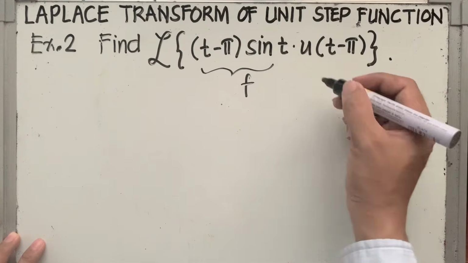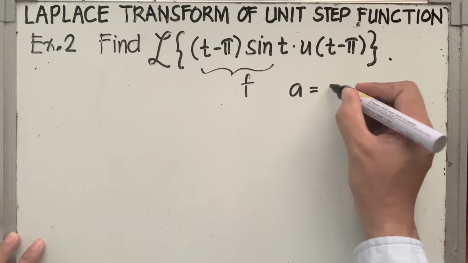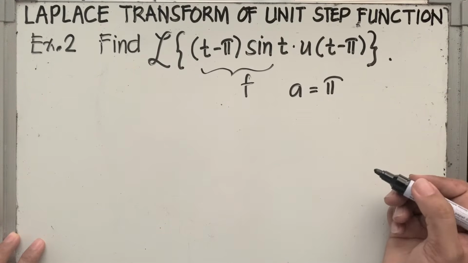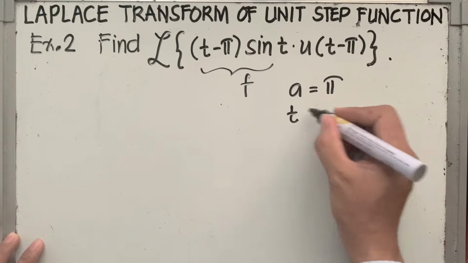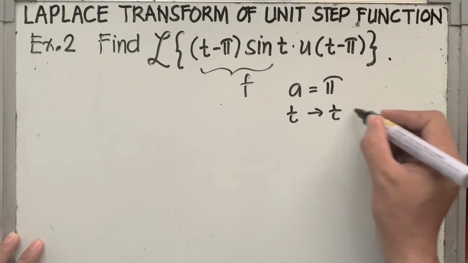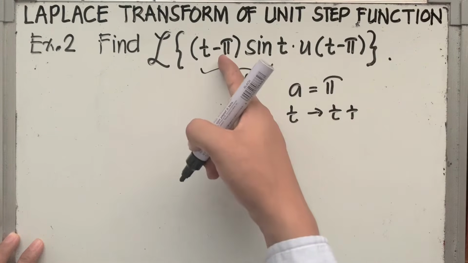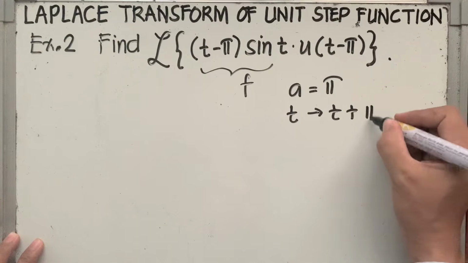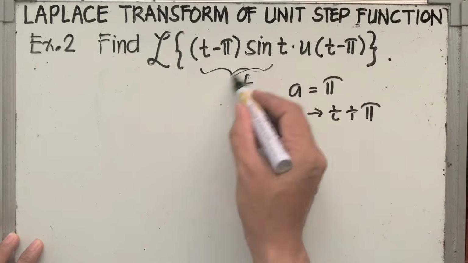And we can identify kung ano yung value ni a, which is pi. Tingnan mo lang yung u of t minus pi. So, dun mo lang titignan kung ano yung value ni a. So, having written that, sabi natin, papalitan natin yung t ng t plus a. So, t plus pi.